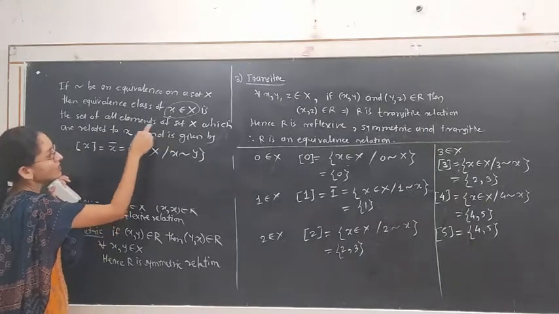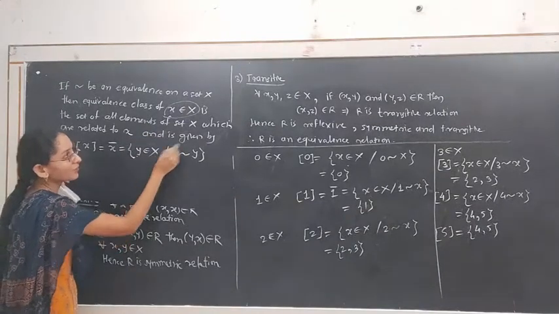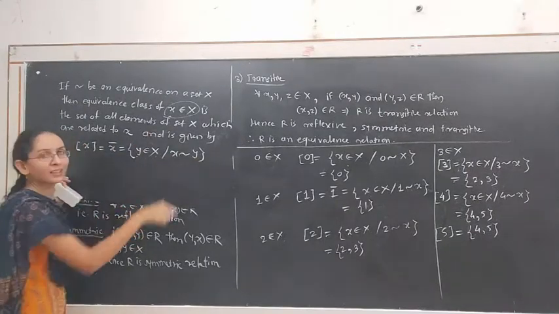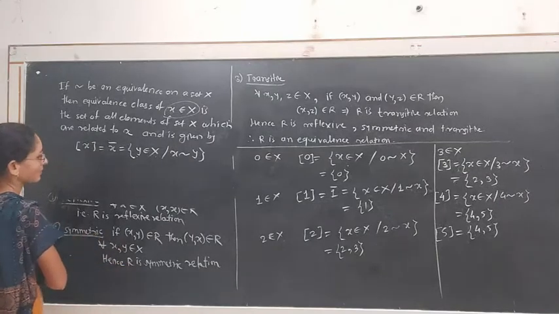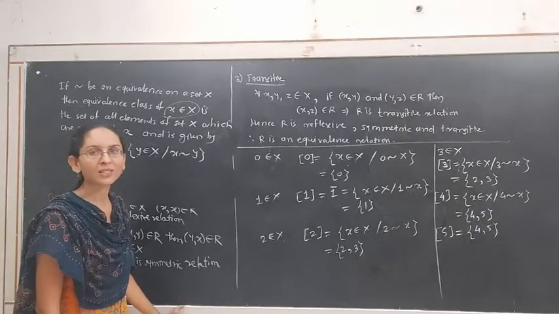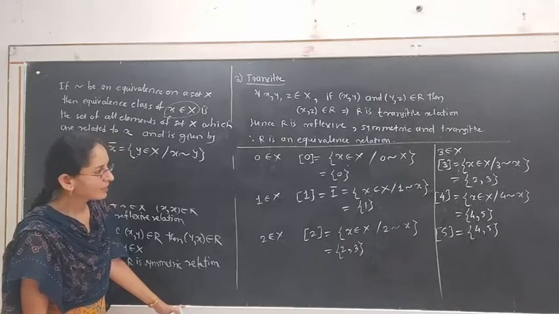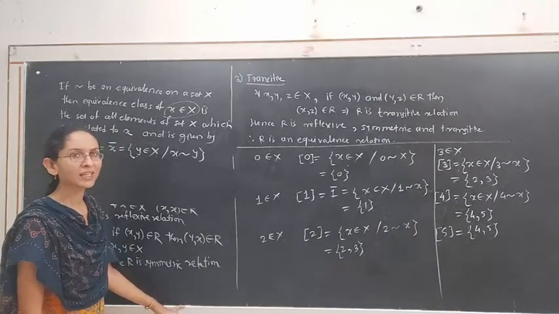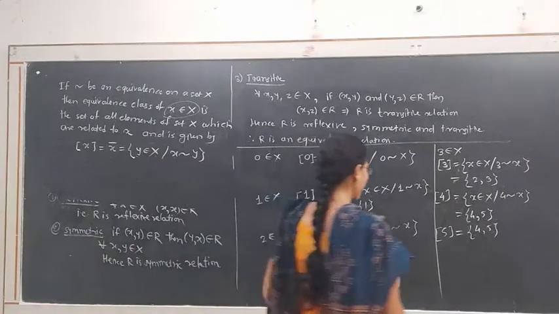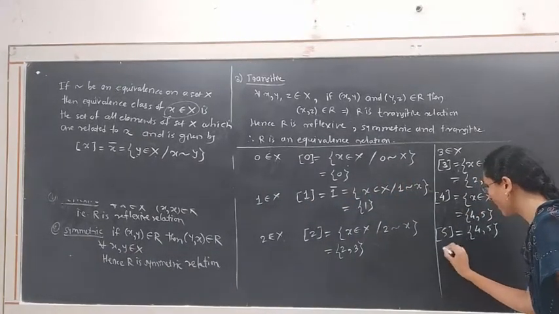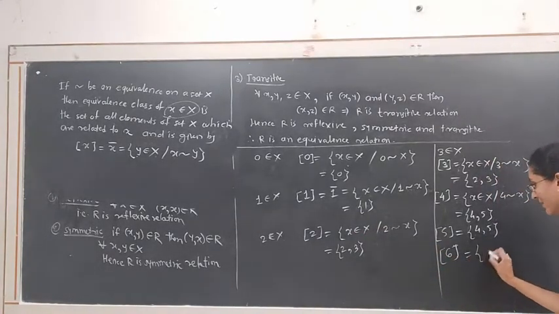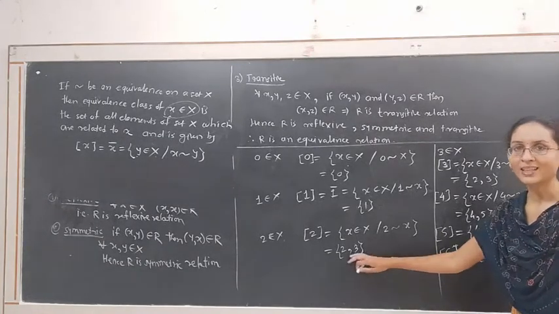This is equal to the set of all elements Y belongs to X which are related to X, where X is related to Y under the same relation defined on set X. Here we have a set consisting of 7 elements from 0 to 6, and we have calculated the equivalence class of all the elements of set X. There are 7 elements, and the last equivalence class we calculated is the equivalence class of 6, which is equal to {6}, because the ordered pair (6, 6) belongs to R in this example.